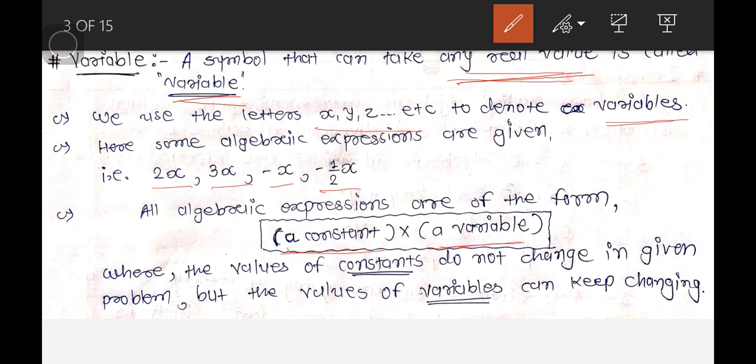Here we know that the value of constant does not change in the given problem. Constants remain as they are, they never change, but the values of variable can keep changing because it can take any real value, so it varies in given problems. So this was basic information about variable.